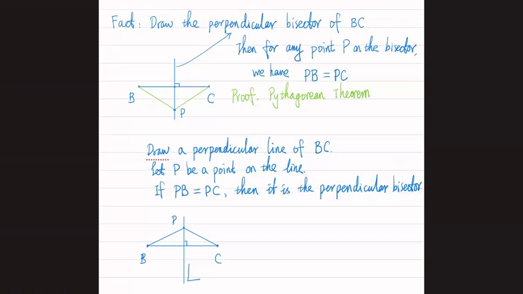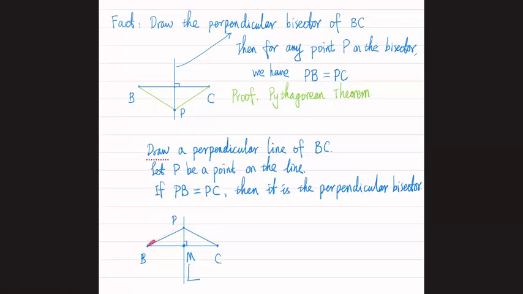So basically, if you think of it as two right triangles, if PB and PC are the same, and the distance from P to the middle point M of L where it intersects BC is the same for both.